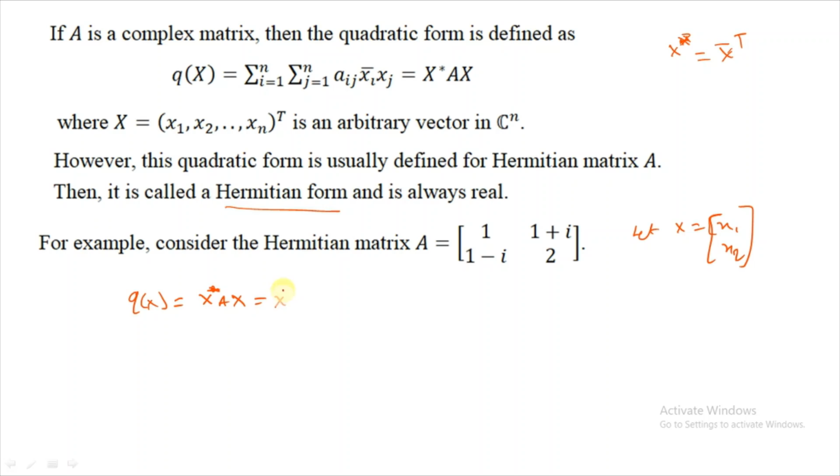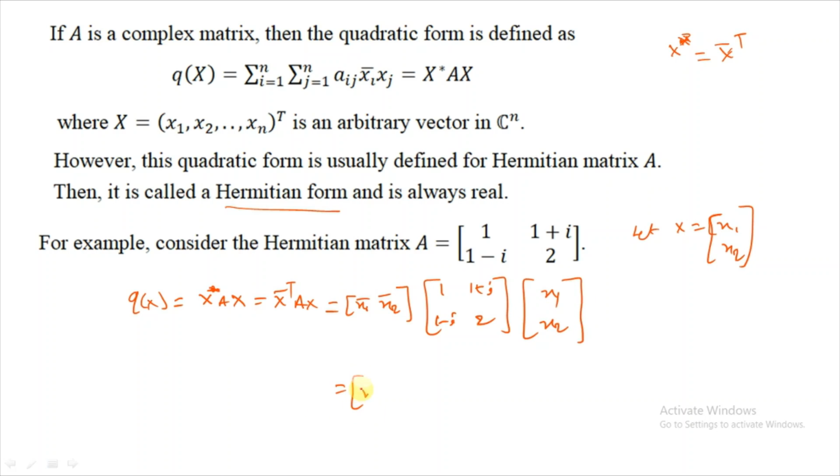Then x star A x is x conjugate transpose times A times x: the row (x1 conjugate, x2 conjugate), the matrix with entries 1, 1 plus i, 1 minus i, 2, and the column (x1, x2). Multiplying the matrices as usual, we get x1 plus (1 plus i) x2, and (1 minus i) x1 plus 2 x2.